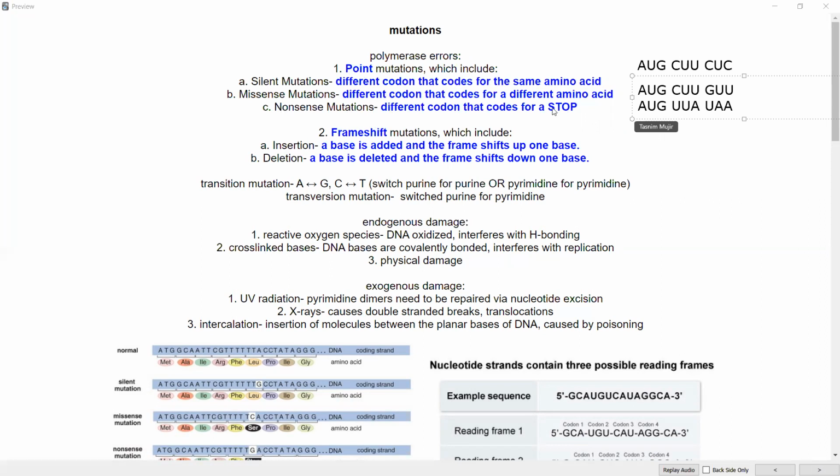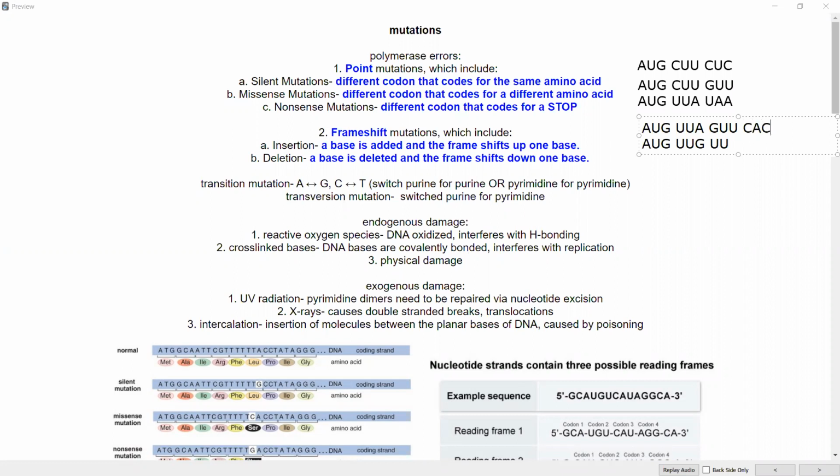Then frame shift mutations are a little bit trickier. Frame shift mutations kind of screw up the whole thing in a way. So basically, if we had AUG, UUA, and then GUU or something, and by some horrible error, the A got deleted entirely, then we end up with AUG, UUG, UU, and then whatever is next in the chain.